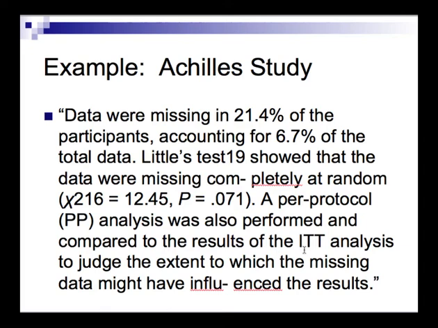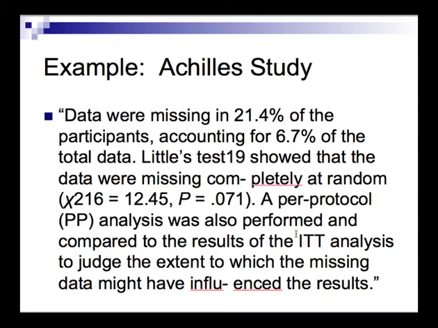Basically, they performed 2 types of analysis. They did a per protocol analysis, and that meant they just did people who followed the protocol, and then they did another analysis completely separate where they did an ITT, or an intention to treat analysis. That's where they, irrespective of whether people followed the protocol, kept them in their same groups, and then ran an analysis with them in those groups.